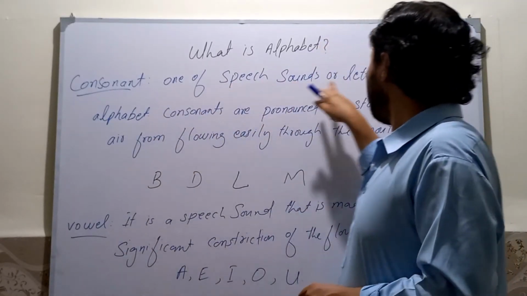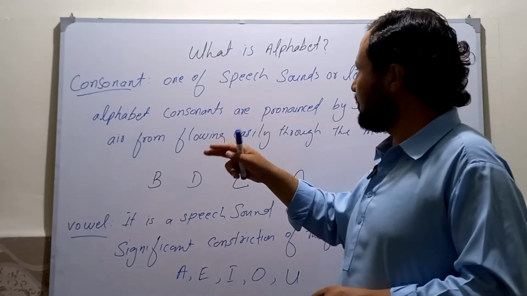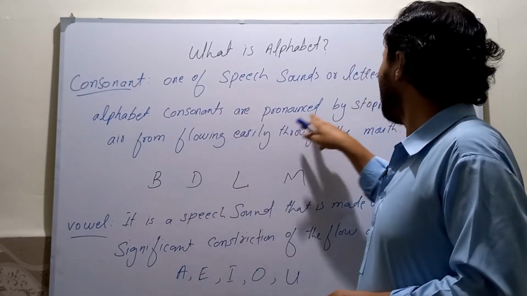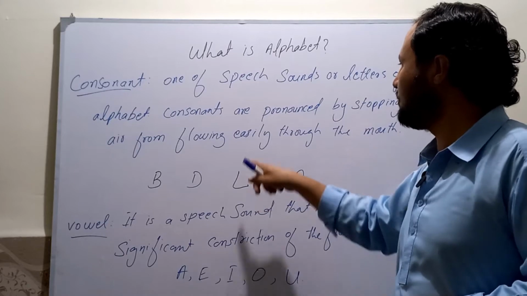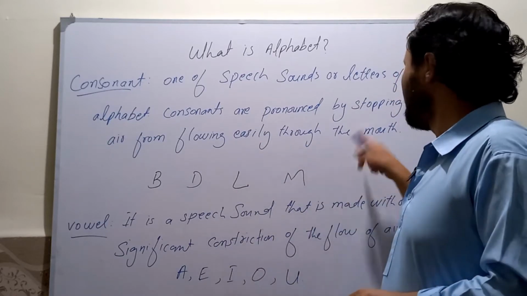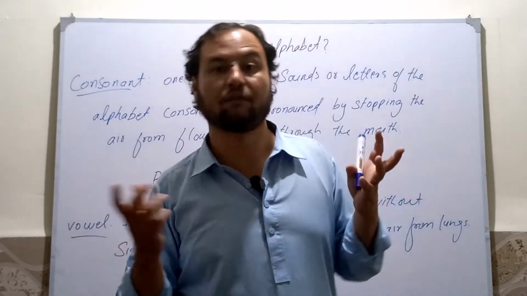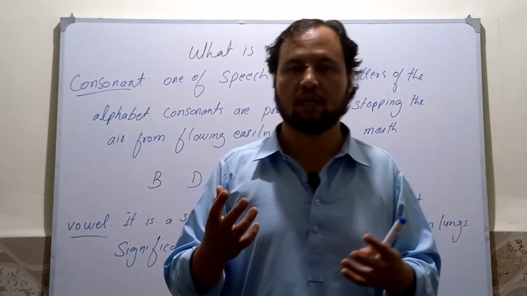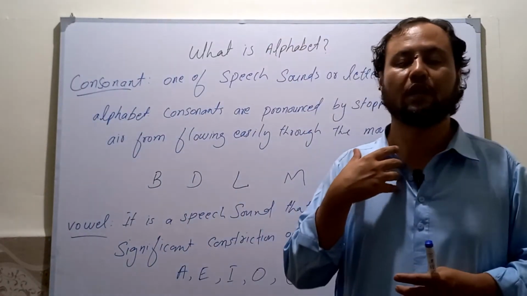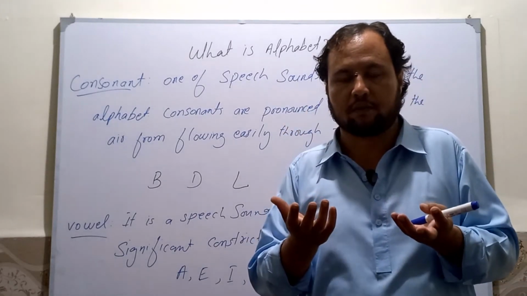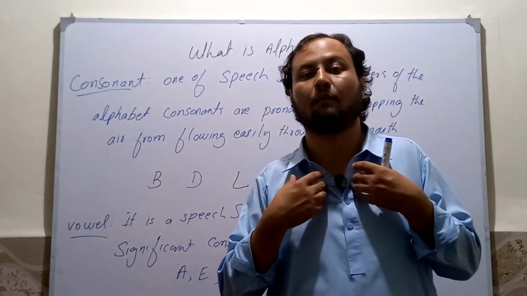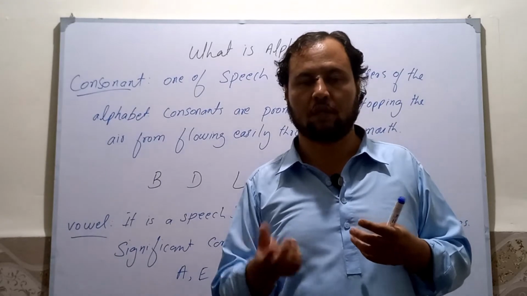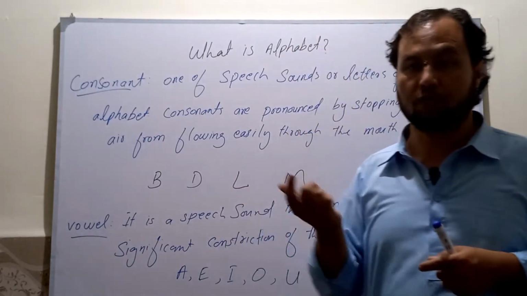Now, consonants are pronounced by stopping the air from flowing easily through the mouth. This is also one of the differences. When we pronounce a consonant, the sound will not come directly from the lungs or the throat. A stop will be there in our mouth.